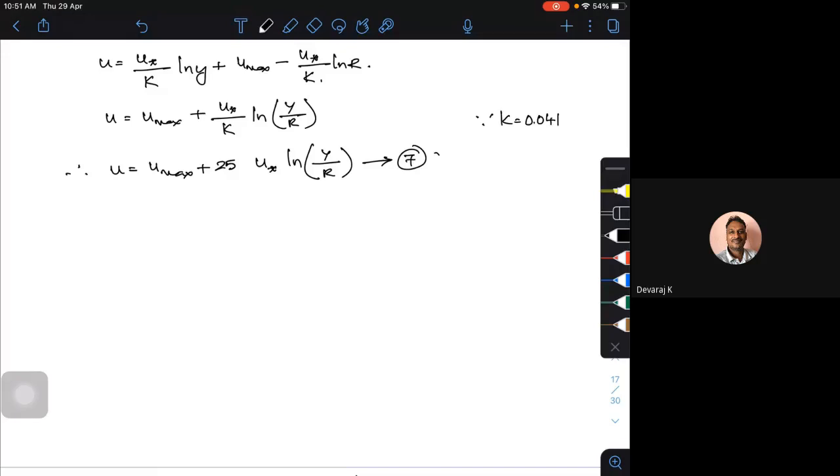This equation 7 is called Prandtl's universal velocity distribution equation for turbulent flow. I am trying to get this velocity relationship.